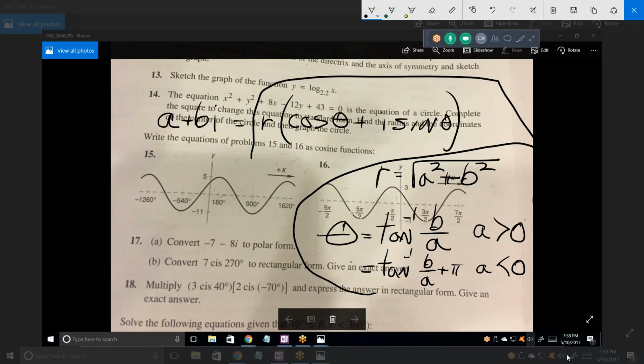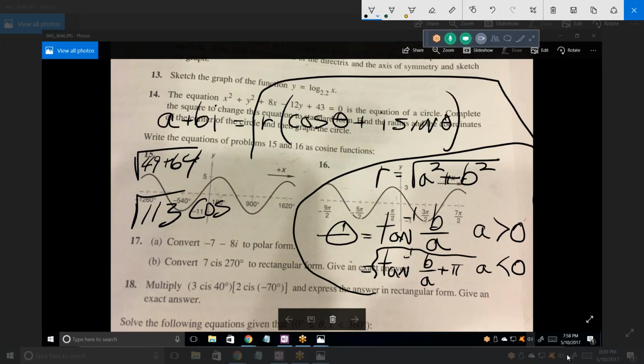Okay? So we can actually do this in 1 minute. R is the square root of 49 plus 64. So R is the square root of 113. And the rest of the answer is cosine of whatever that comes out to be. In this case, A is negative.